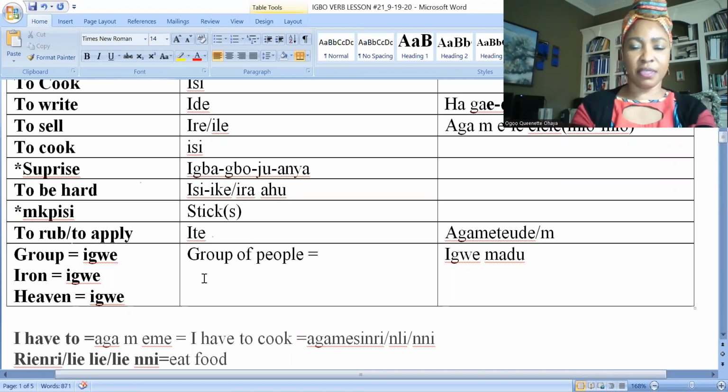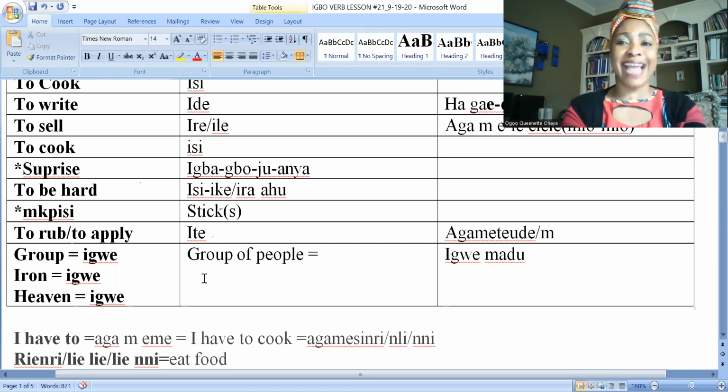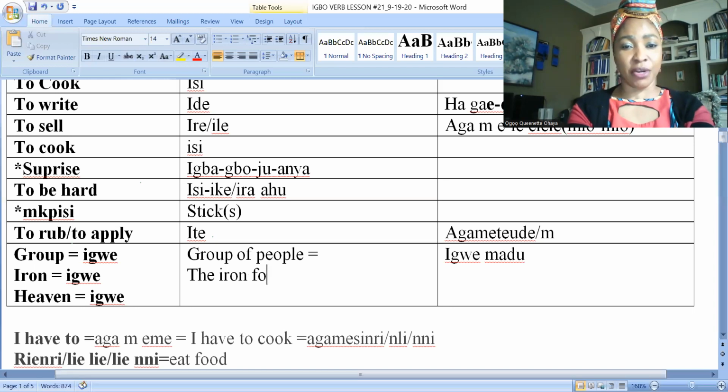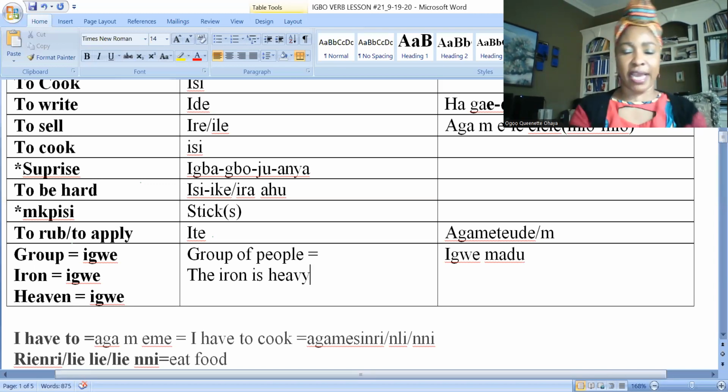Iron, okay, pick up the iron, pick up the rod up. The iron is heavy, okay? Some people say iron rod, the rod or the iron rod, it just is heavy. Heavy means edaro, okay?